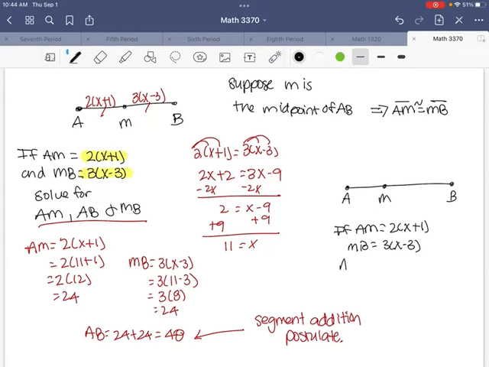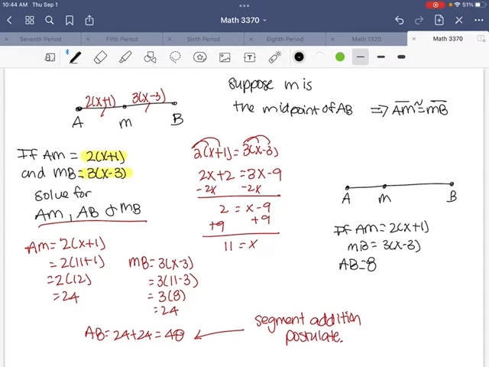But now we also know that AB is equal to 8. Okay, and I think that should work out nicely.